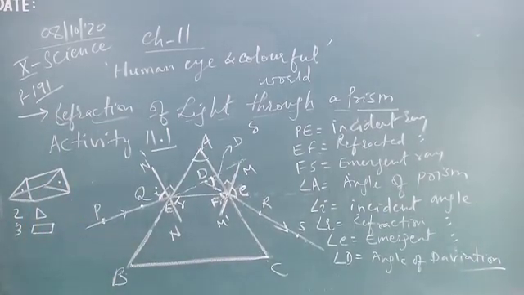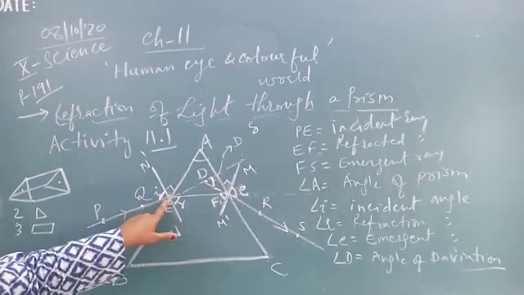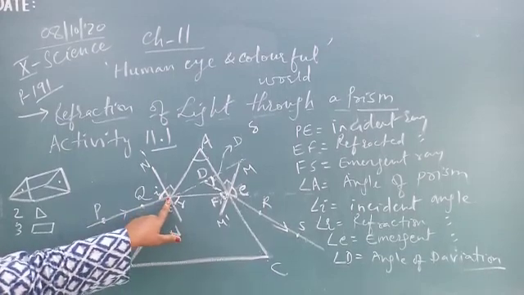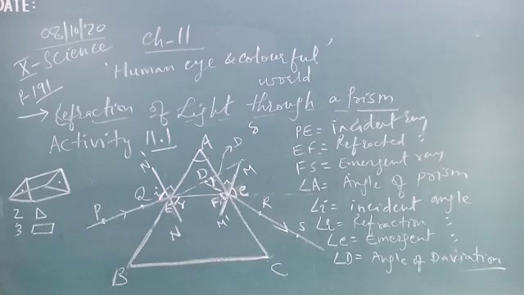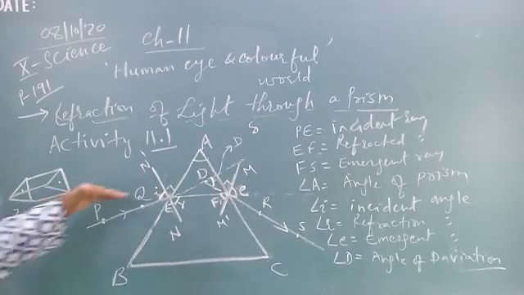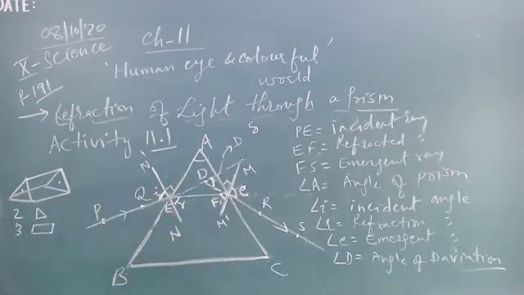From this experiment or activity, what do you conclude? We can conclude that the incident ray PE, when incident on one side of the prism, or refracting surface, undergoes refraction and bends towards the normal.